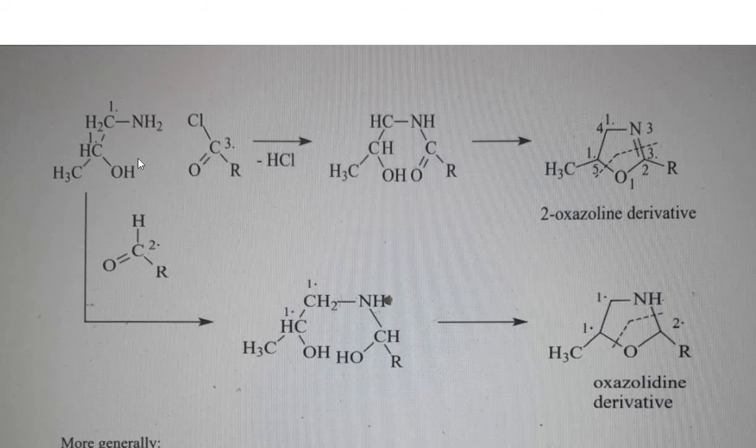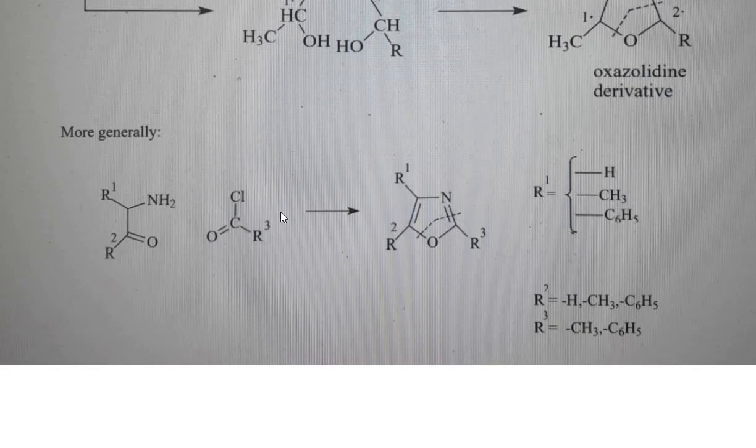So you can see how you will synthesize oxazoline rings by this pathway and this pathway. More generally, if you have such a compound, then cyclization occurs. This is nitrogen and oxygen, and R1, R2. If you have this condition, this is the reaction scheme. You can change R1, R2, and you will get the tri-substituted products.